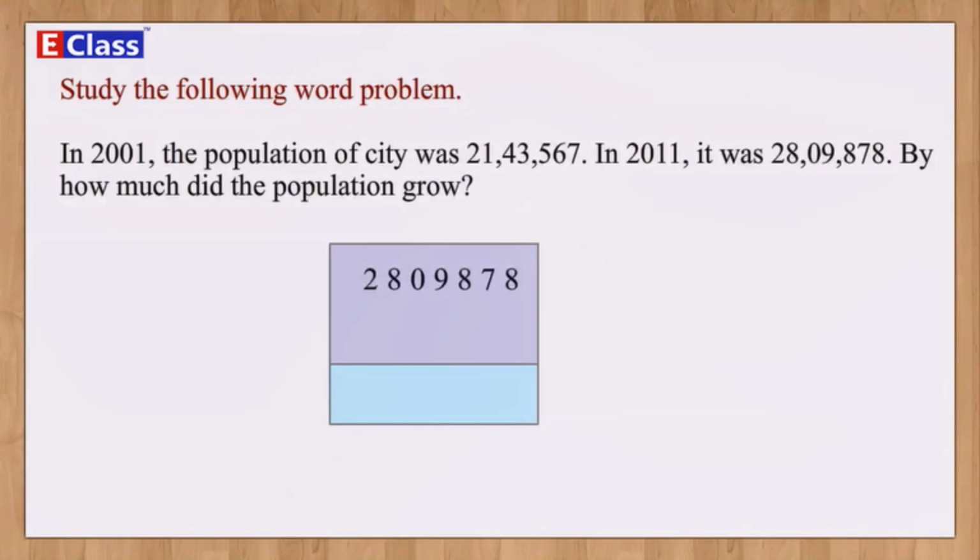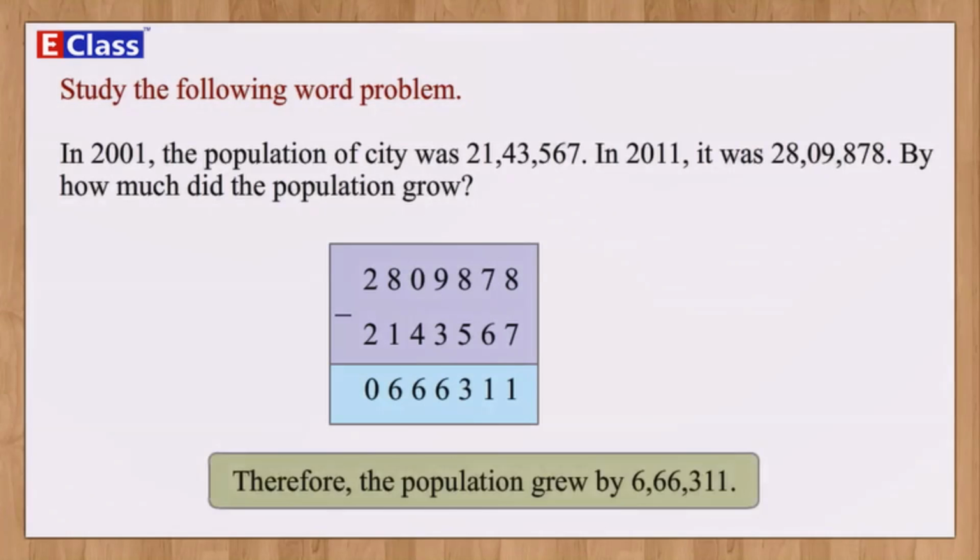Therefore, 28,09,878 minus 21,43,567 is equal to 6,66,311. We did this subtraction by the practiced method. Therefore, the population grew by 6,66,311.